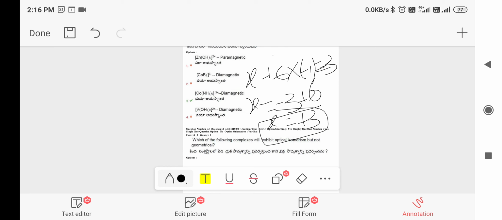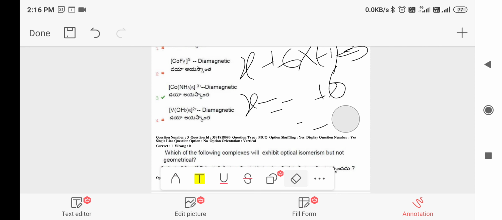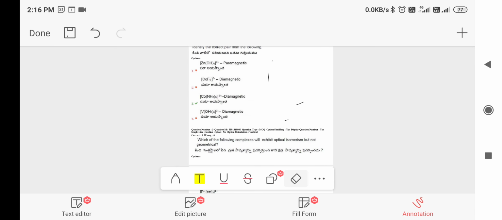So here we got +3 oxidation state on cobalt. The general configuration of cobalt is 3d7 4s2.